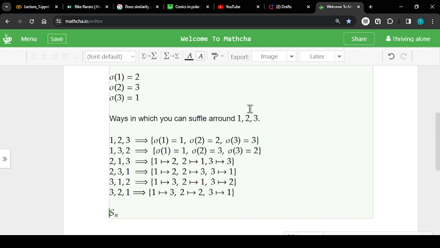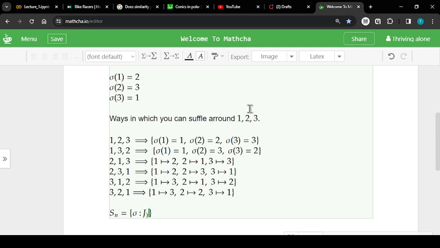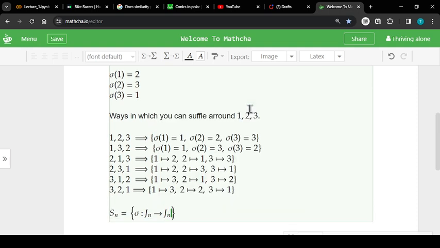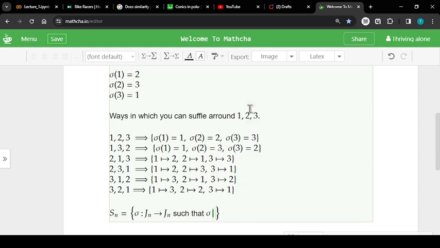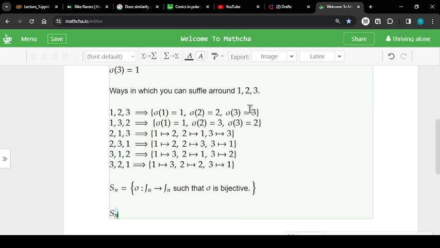Sn is equal to the set of sigma, where sigma is a function from Jn to Jn, such that sigma is bijective. That's about it. No need to worry about it. So that's how you can define it. And of course, the size of the group Sn is equal to n factorial.